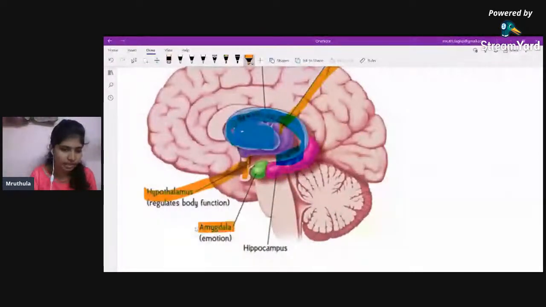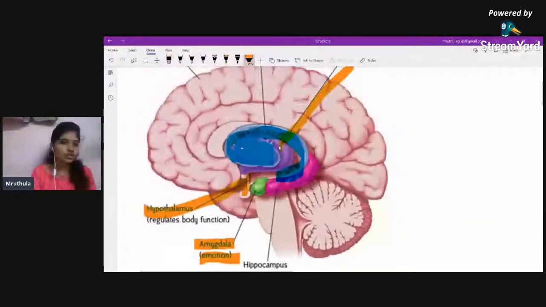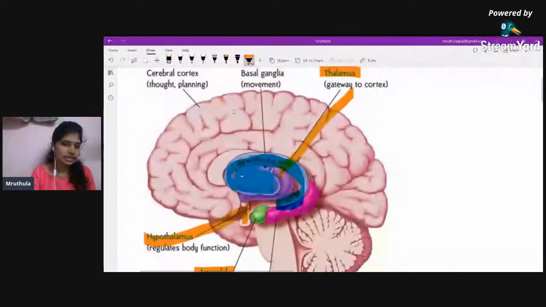It doesn't matter. Don't get panicked by the new terms. Just get sensitized with the terms now. Once you practice memorizing these words, it will become very easy for you. So amygdala is a center for emotions. Now these are the ones you should know. Superiorly, we have a huge cerebral cortex. Then basal ganglia encloses the thalamus within it, the violet color part. Then below the basal ganglia, we have the hypothalamus and amygdala.